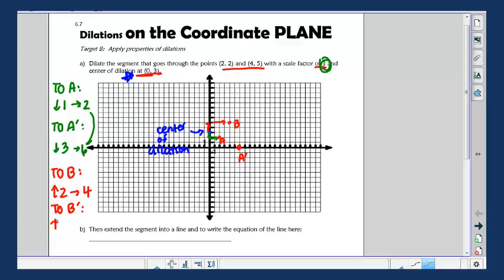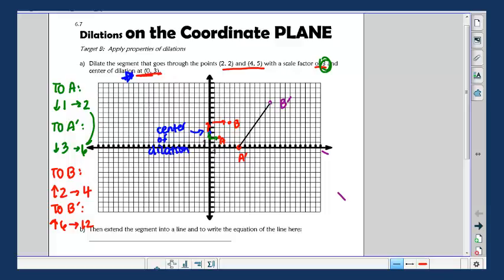So I'm going to triple the 2, which is 6, and triple the 4, which is 12. From my center of dilation, I'll count up 6, and to the right 12. Here's my B prime.